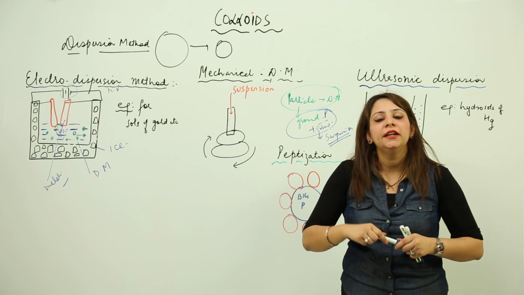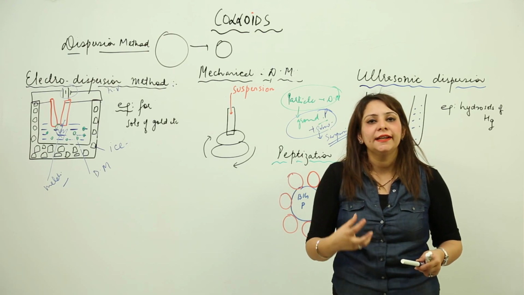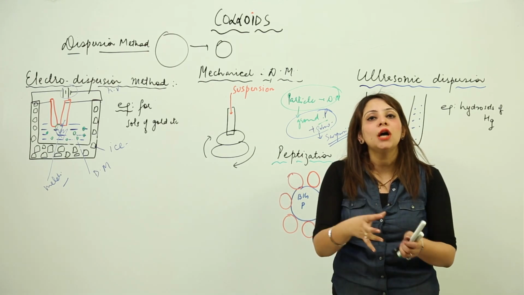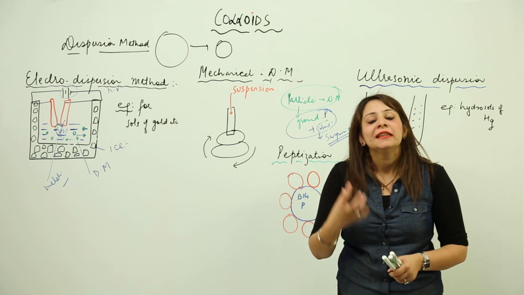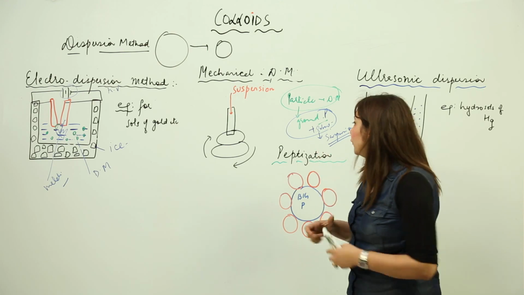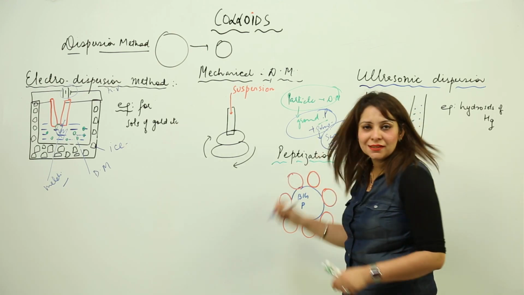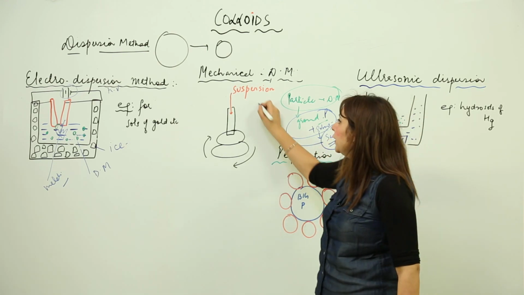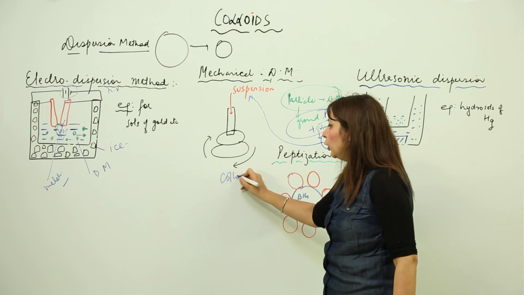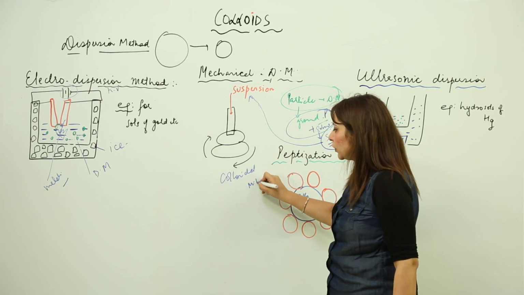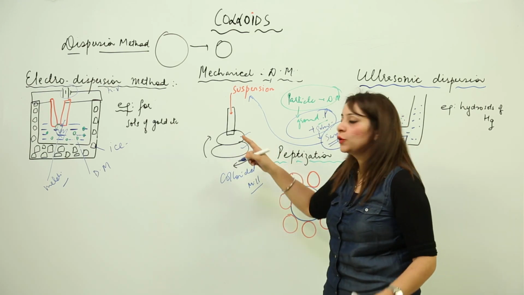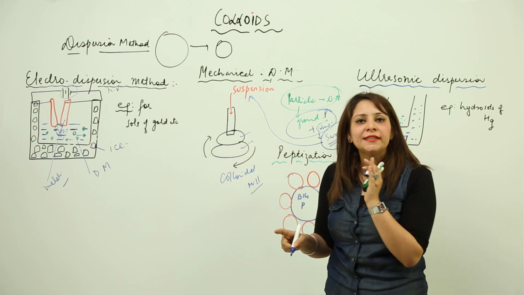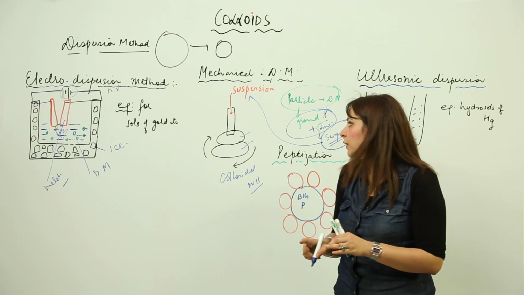Suspension means a liquid along with particles which are not in the range of 1 nanometer to 1000 nanometer; they are somewhat big in size. That is, they form a suspension. As soon as the suspension is formed, we put it into a colloidal mill. This is my colloidal mill. It has two discs, of which one can rotate in a clockwise direction and the other in an anti-clockwise direction.